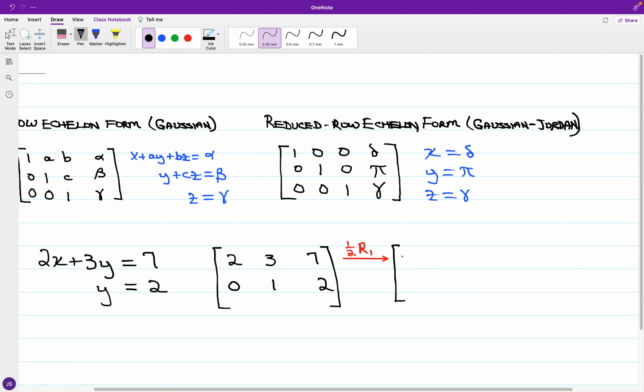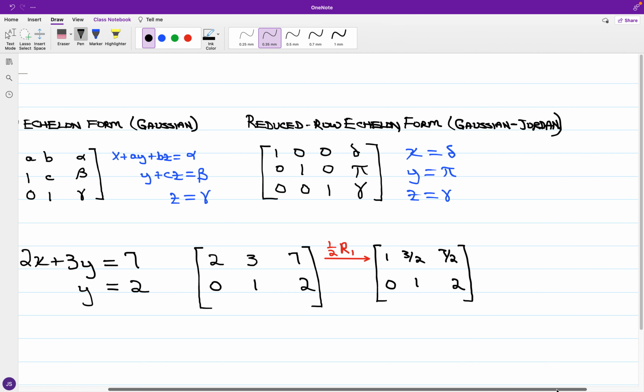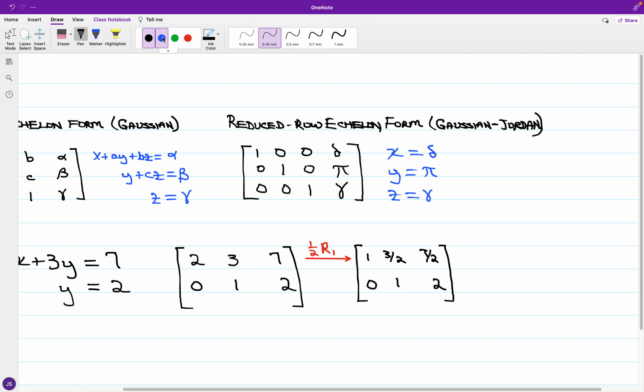Upon doing so, we have 1, 3/2, and 7/2. I still have 0, 1, and 2. At this stage, that is the row echelon form.